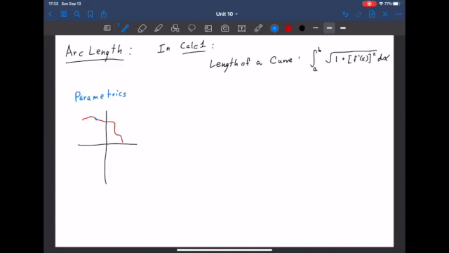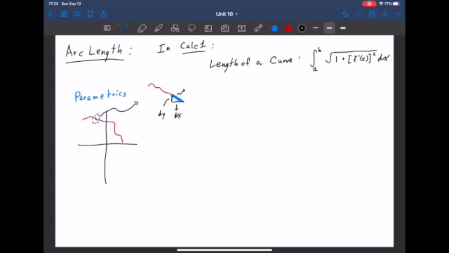If I looked at that small length, I'm going to blow this picture up. So in magnification, it looks like you have a curve like that and a really tiny change along the curve would be pretty much straight, as straight as you want it to be. And you could break it into components, like a small change in y and a small change in x.